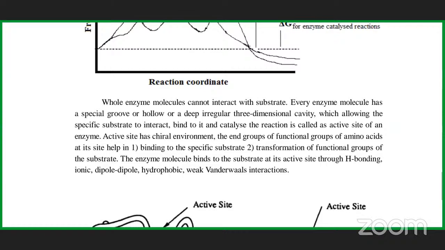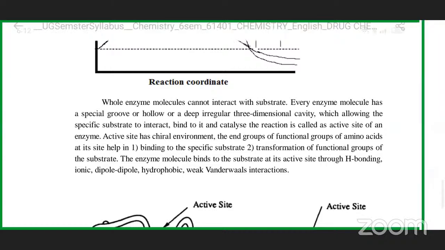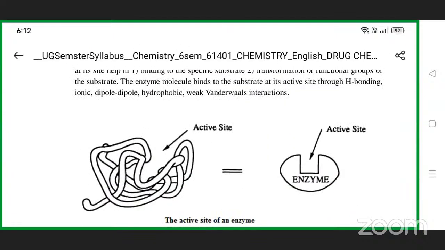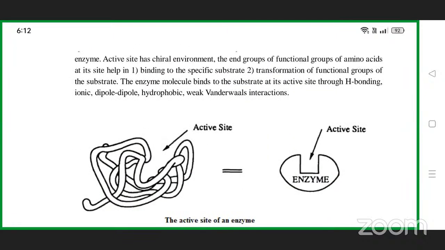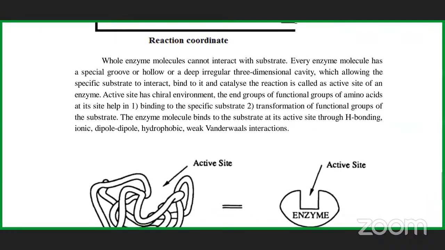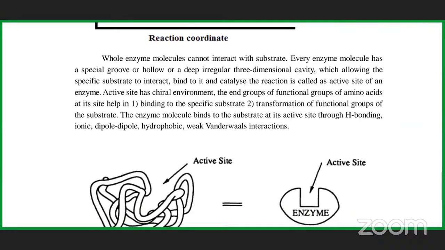Okay, so every enzyme has its own active site, and that active site is the point for the substrate molecule. So, for example, here you see, okay, that particular reactor site, that cavity is called the active site.